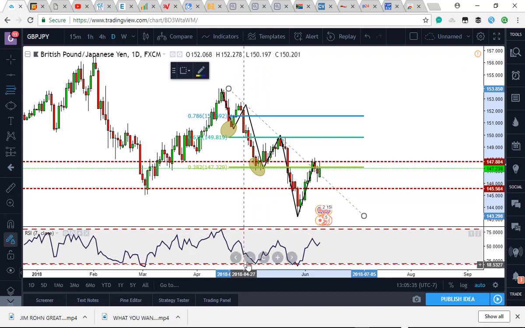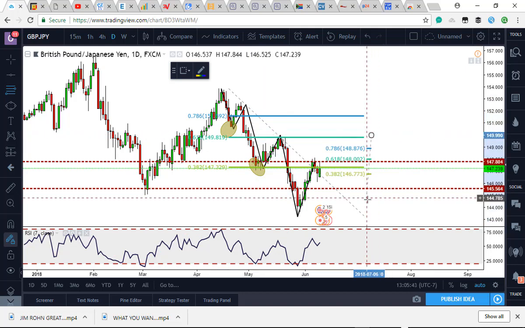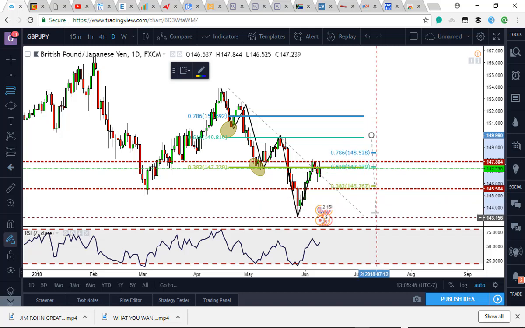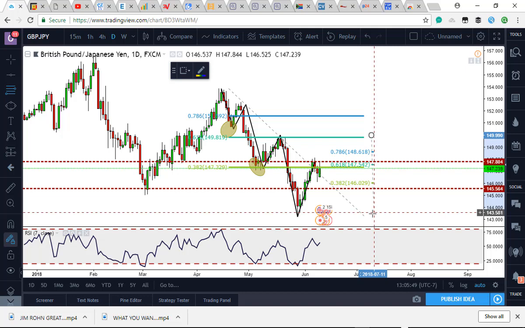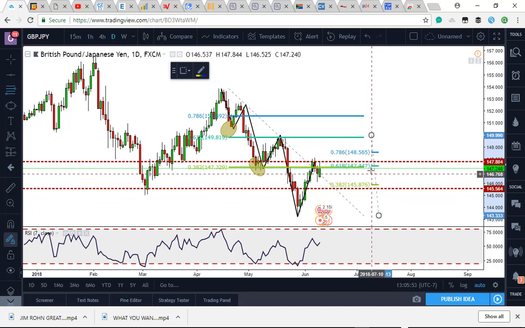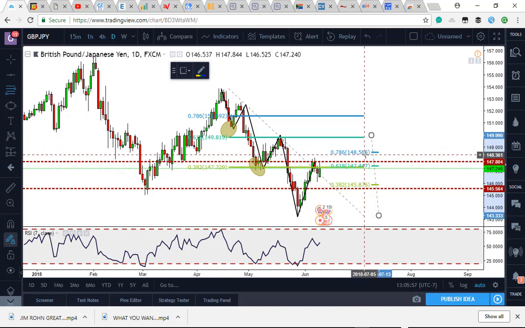And if you could try to add more retracement tool from this X leg down to A leg. This is where price action has just hit our 618. So right where we have a 382, we have a 618. We have a 382 and 618 cluster.